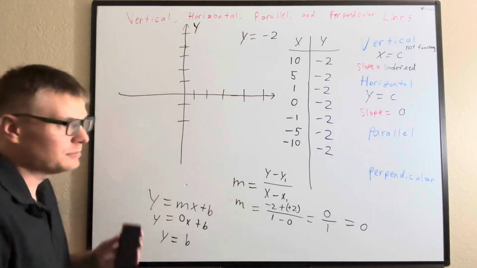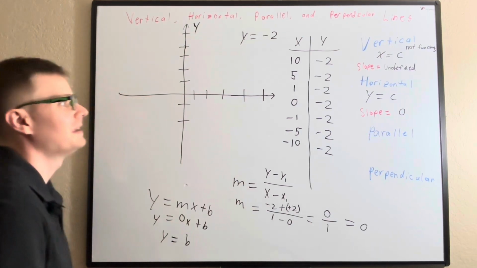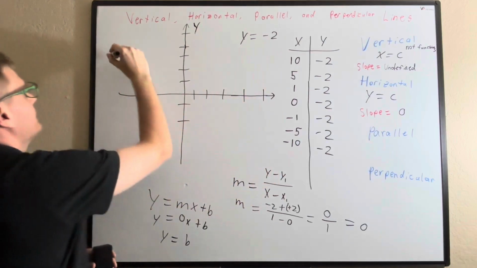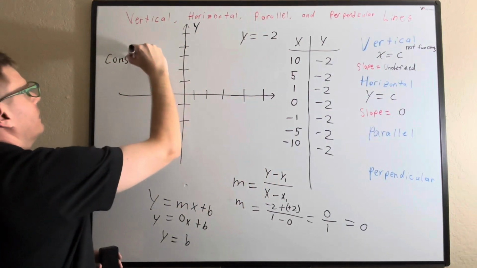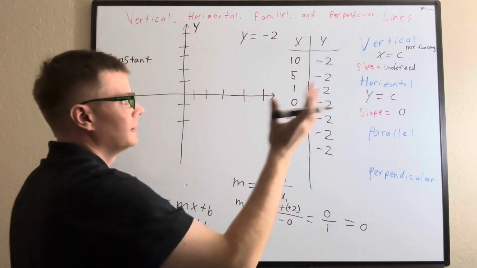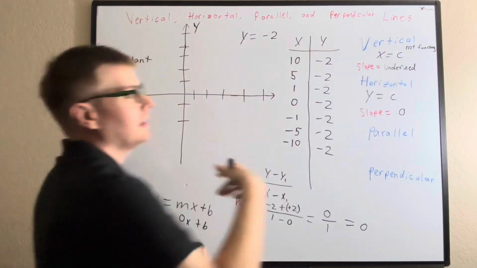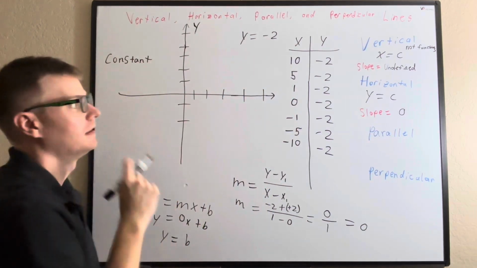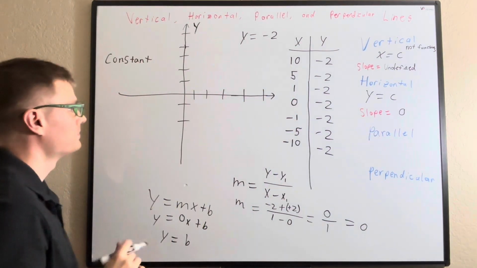So c is b, kind of the same. It's just we put c because it stands for the word constant. And by constant, it's just a constant number. It's always the same. X is a variable number that can change, especially in this case. Does that make sense?